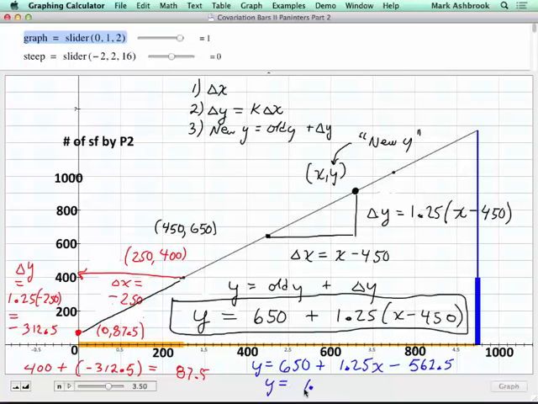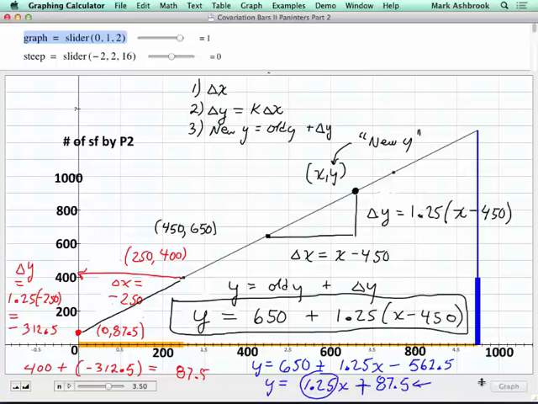And what do you get? y equals 1.25x plus 87.5. mx plus b. m is the constant rate of change, or the slope. b is the y-intercept, which we found before using our process here. We found it to be 87.5, so there it is.